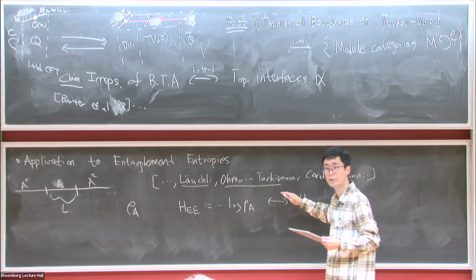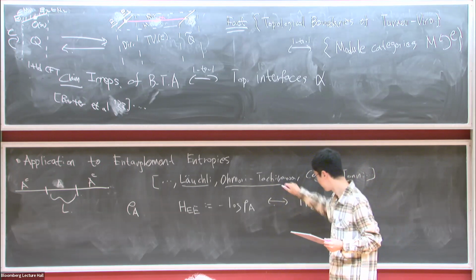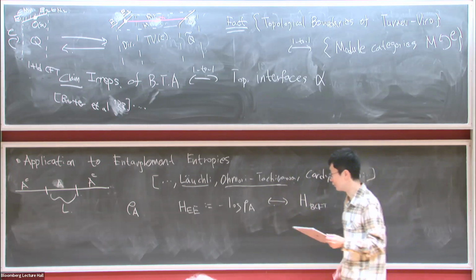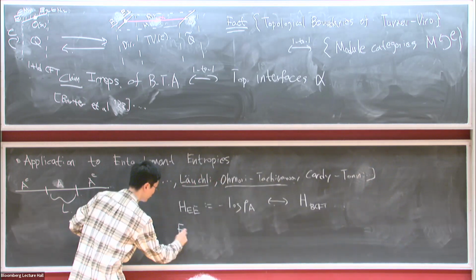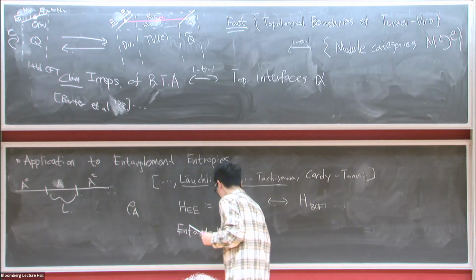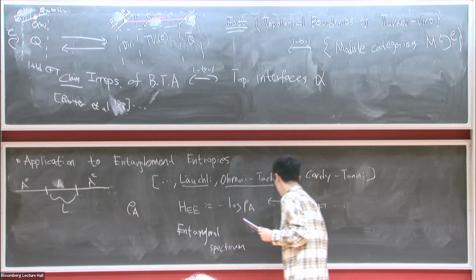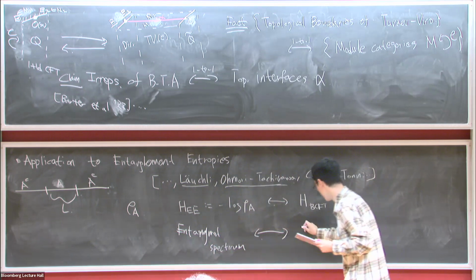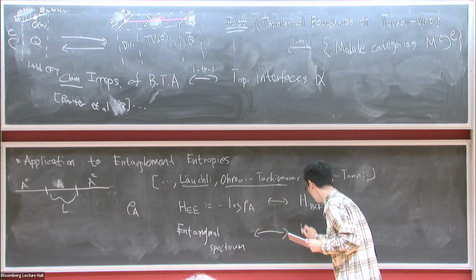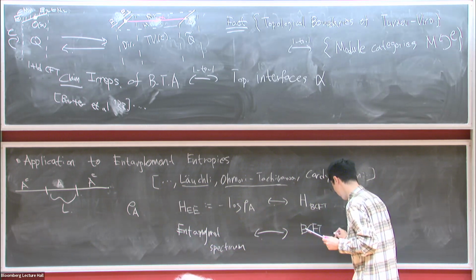I wanted to explain it, but because of the time limit, I'm going to skip this. But there is this general relation, and also the entire entanglement spectrum coincides with the BCFT spectrum, so the spectrum of boundary changing local operators.